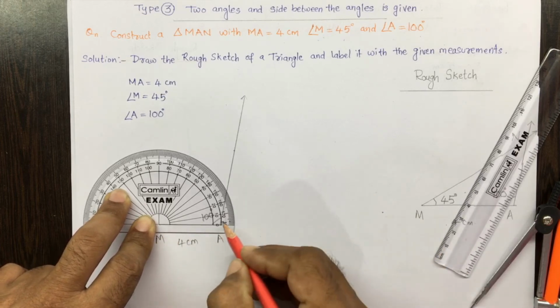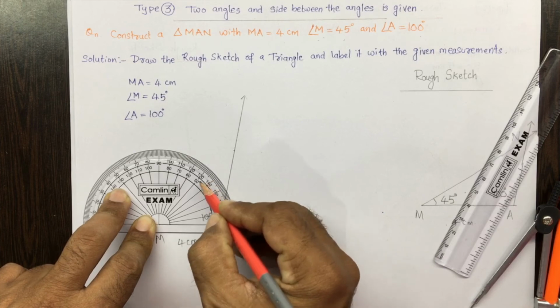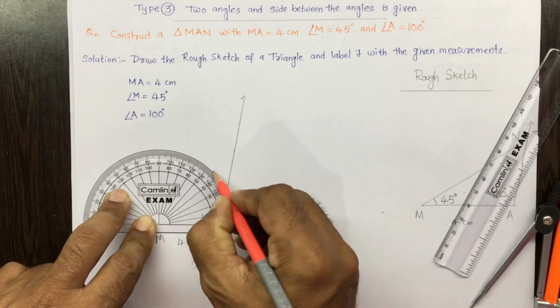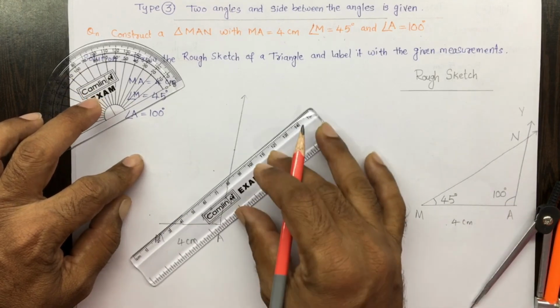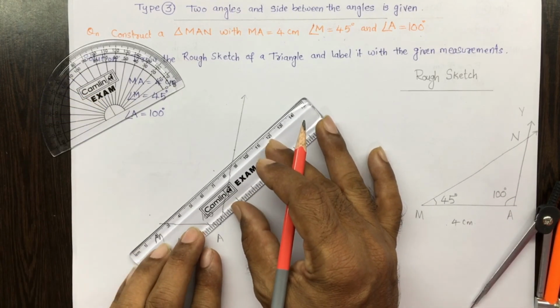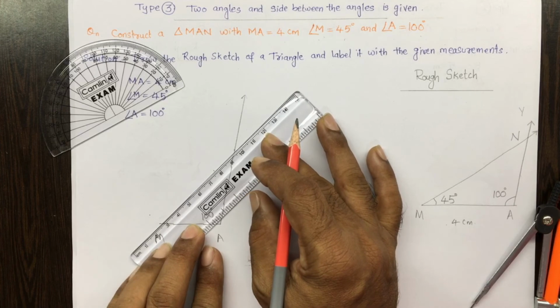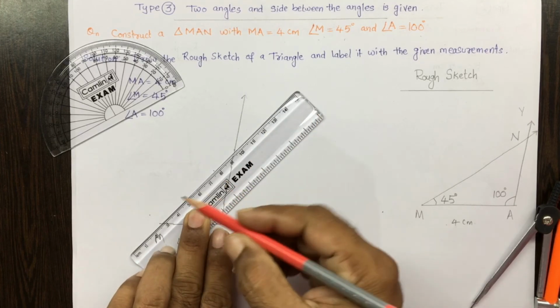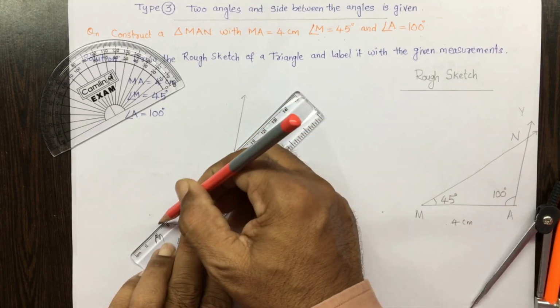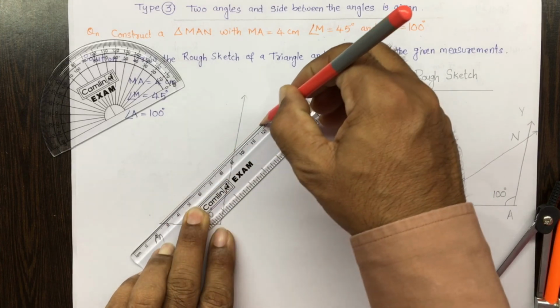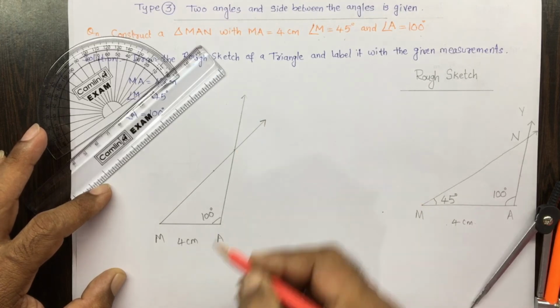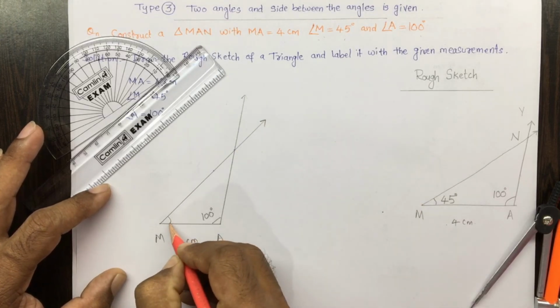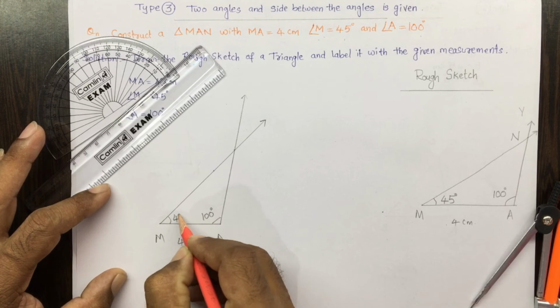So, 45 degrees, 30, 40 and 45 will be here. Now, using these 2 points, extend the ray so that it can cut the previous ray. So, at M we have 45 degrees.